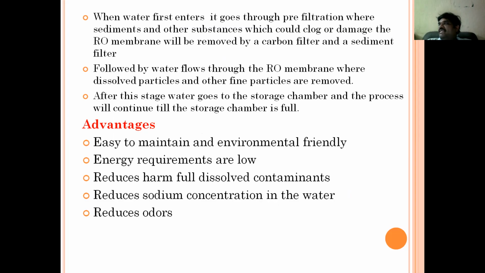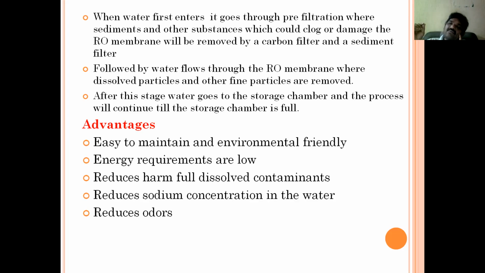Stages: the sediments and all other associated particles are stopped at the entrance itself to the unit, and then water passes through the semi-permeable membrane, where all the particles will be removed. After passing through the RO membrane, the water will be stored in the storage chamber, and it will continue till the storage chamber is full.